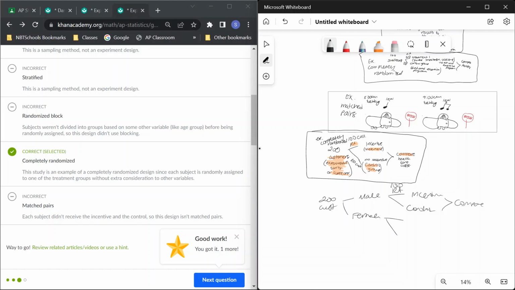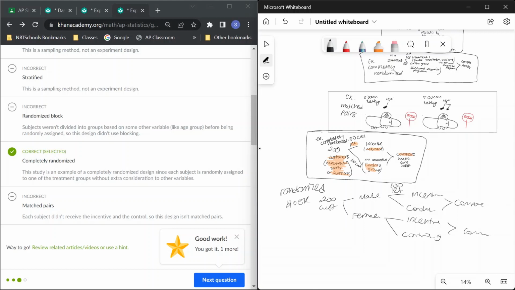Same thing, incentive, control group, and then compare. This would have been a randomized block.